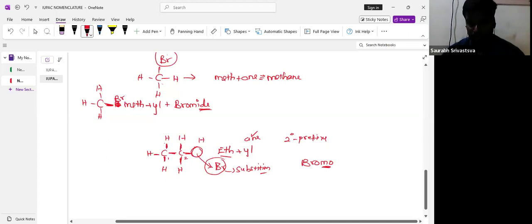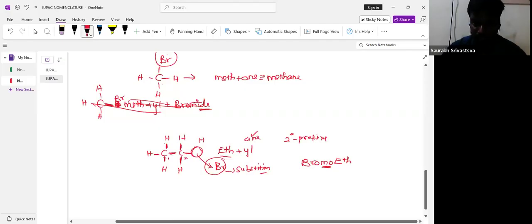So this one you forgot. Don't confuse with that. And here you have to remember bromo, and two carbons are there. Two carbon means you know that it is called eth. And after that there is no double bond, only single bonds between carbon and carbon.